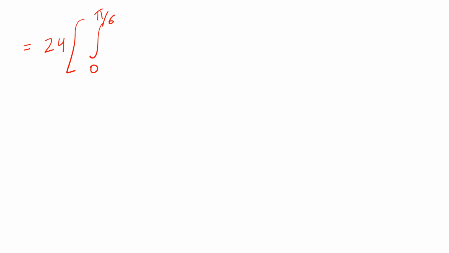Now students, we know that when x lies between 0 to pi by 6, then the value of GIF of 2 sin x is just 0. So this becomes 0 dx plus the second integral is from pi by 6 to pi by 4. And here the value of GIF of 2 sin x is 1. So it becomes 1 dx.